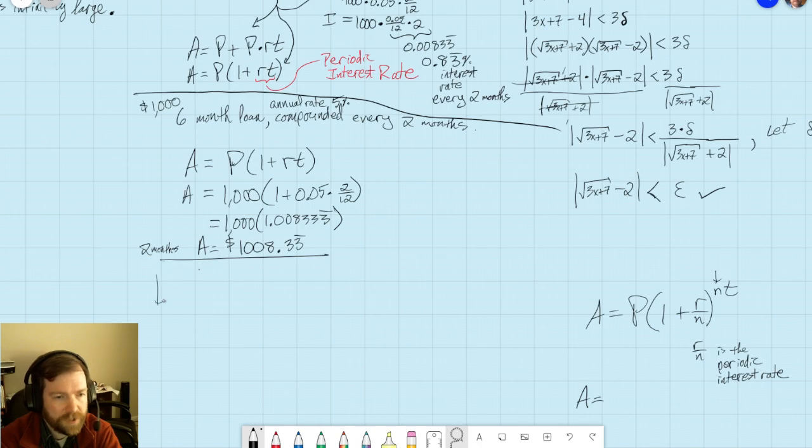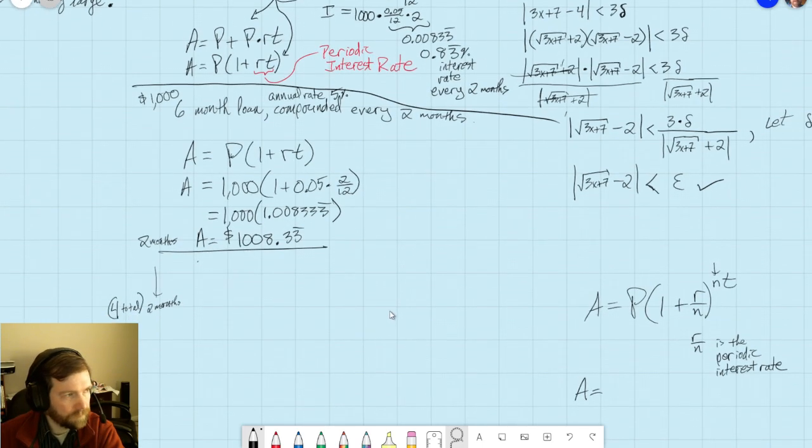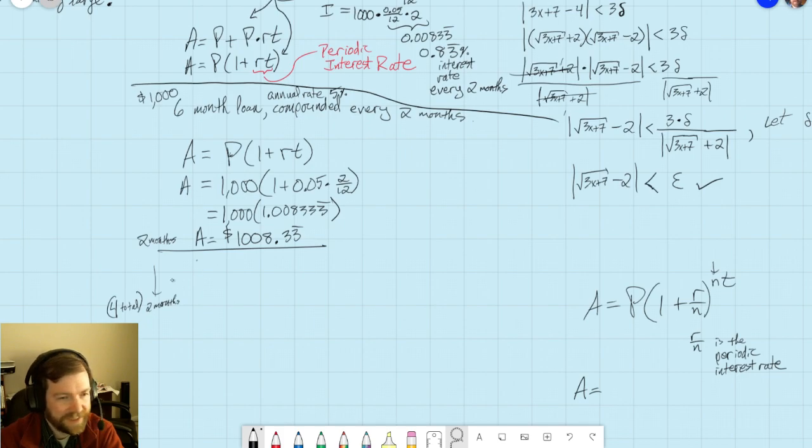And now the next 2 months, or 4 months total, is going to be A equals. Now, with compounding, what happens is that this value here, our previous A value, becomes the new principal.